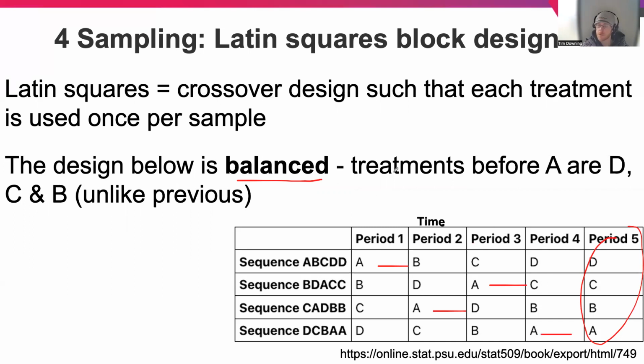So this is a balanced block design. We have 4 groups here, and then 5 time periods, ignoring the washout periods.